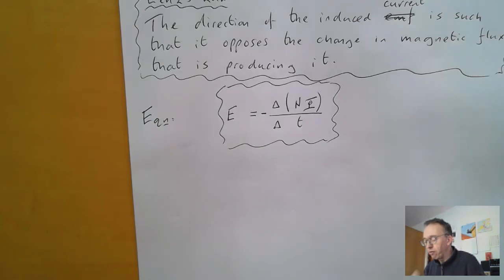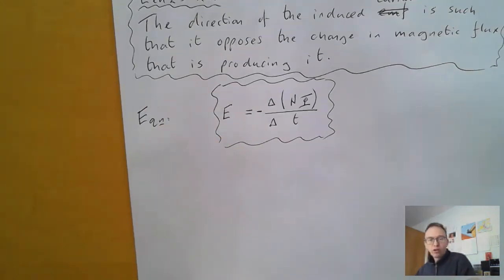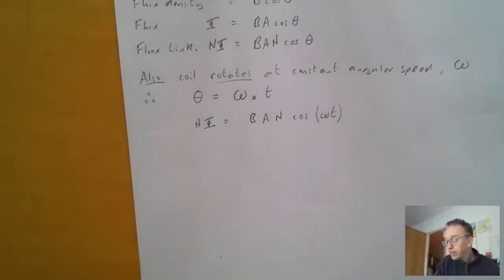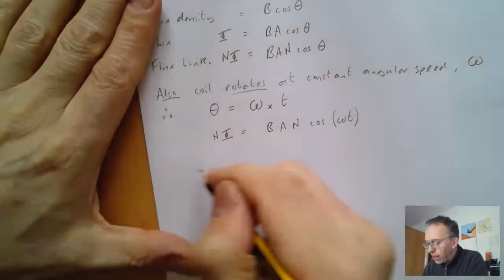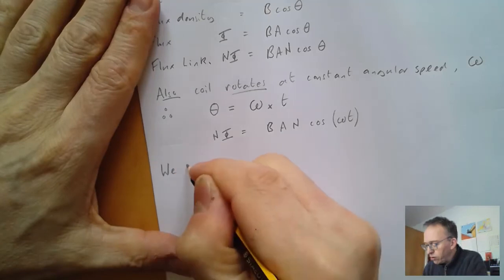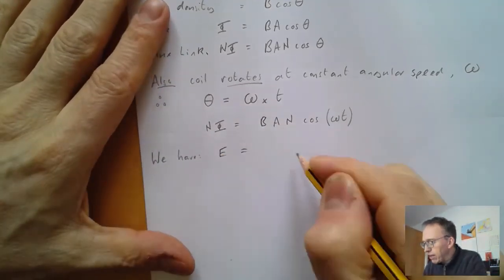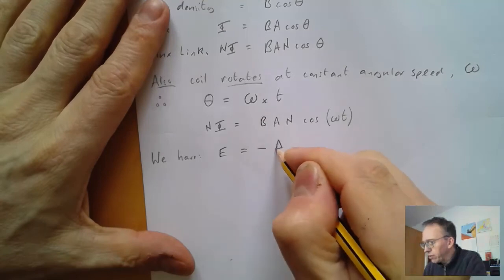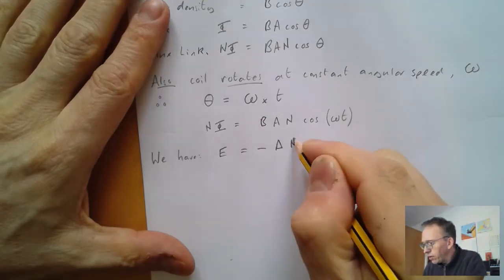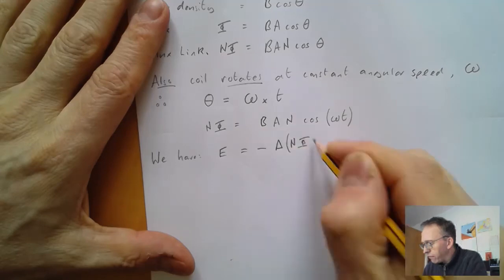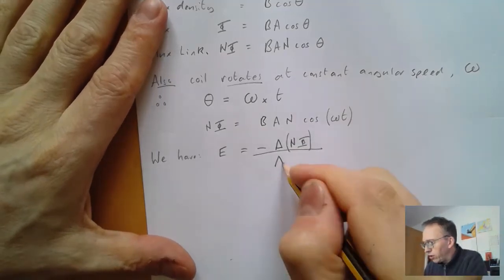That's the combination of Faraday's law and Lenz's law. So we're going to use that here. So we have that E, the induced EMF, is equal to negative delta N phi over delta t.